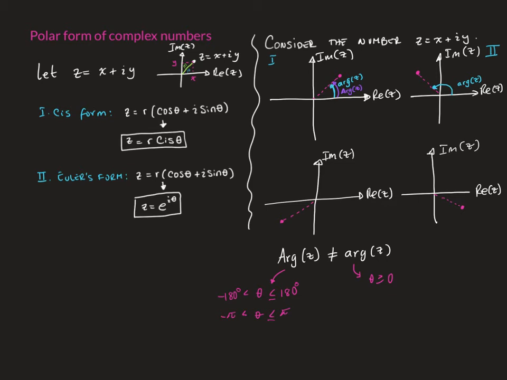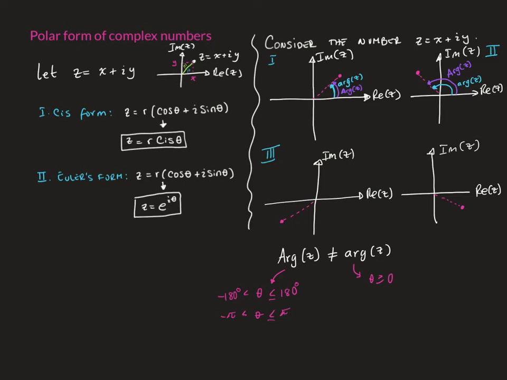From the positive horizontal axis, we go towards the point. So that is going to take me in this direction. For the second quadrant, the principal argument and the argument, they match. They are the same value. Now things are going to change for the third and fourth quadrant.